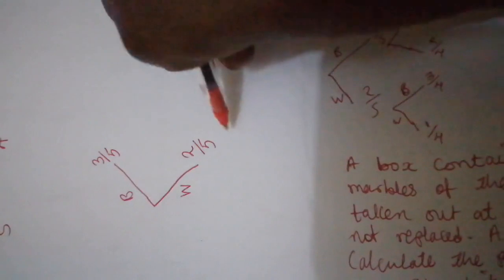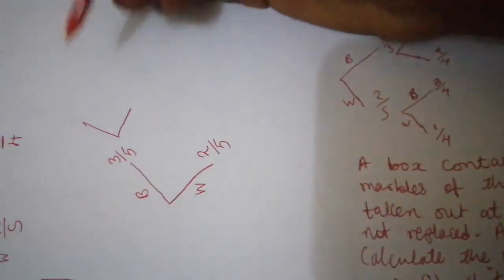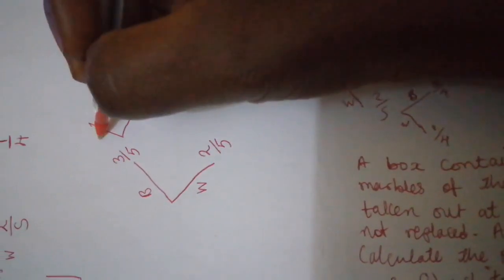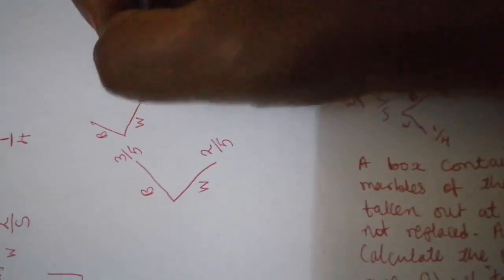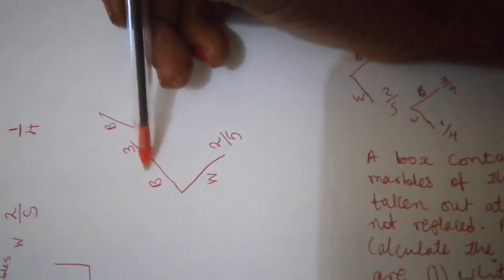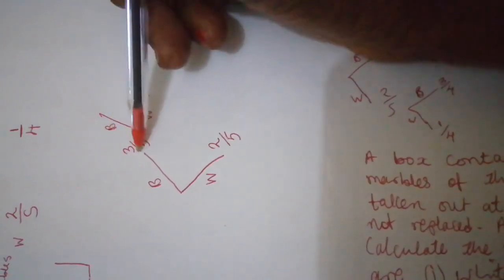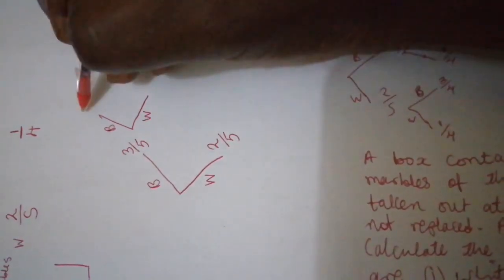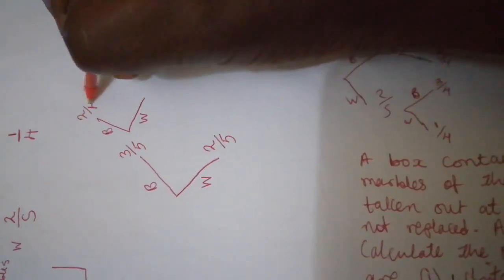So if we pick here, the second row, again we are going to have two branches. Here we have black, here we have white. So if we pick black here, the chances are these. Then in the second row, the chances of picking black will reduce to 2 out of 4.